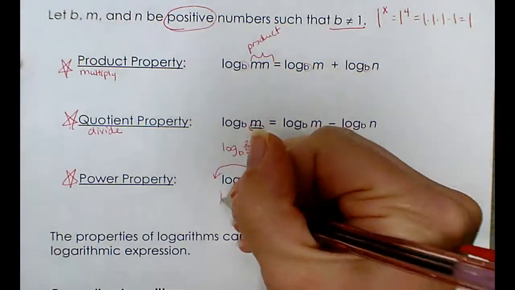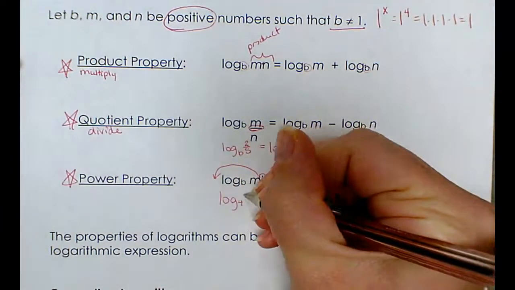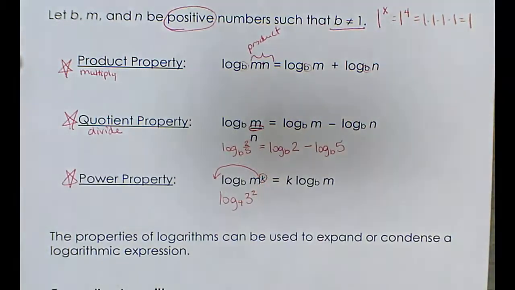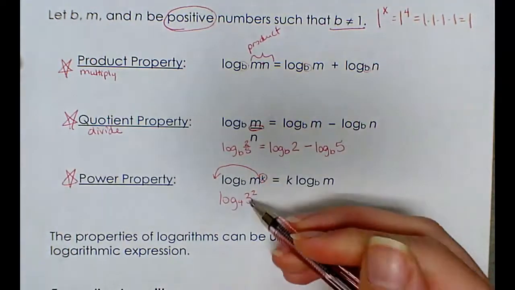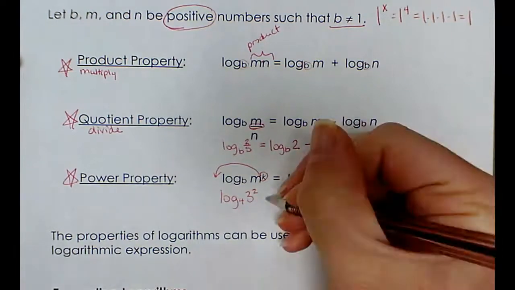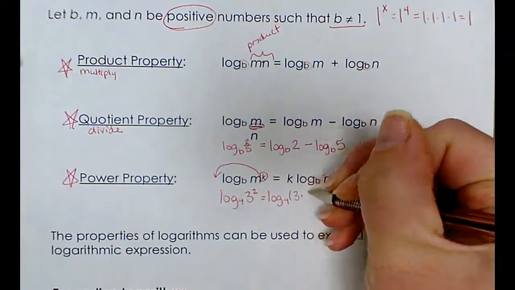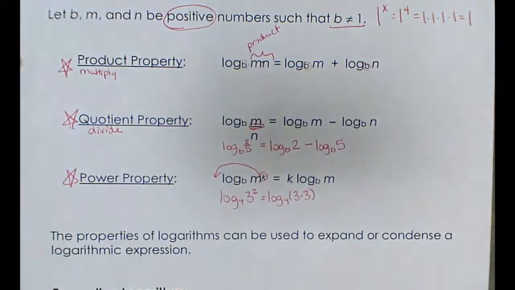So let's say that we have log base 4 of 3 squared. Well, would you agree that 3 squared is really 3 times itself 2 times? So I could rewrite this as log base 4 of 3 times 3, because that's what 3 squared is.